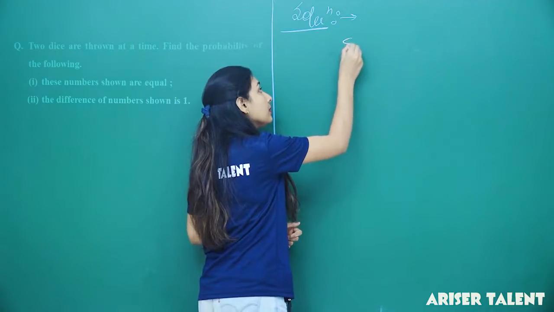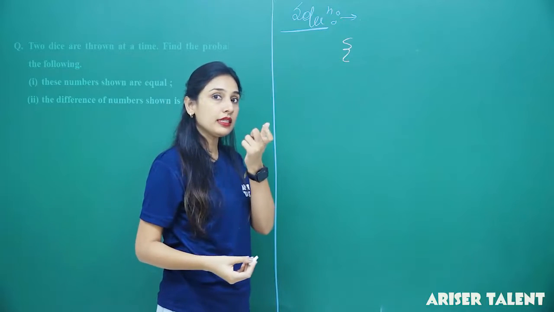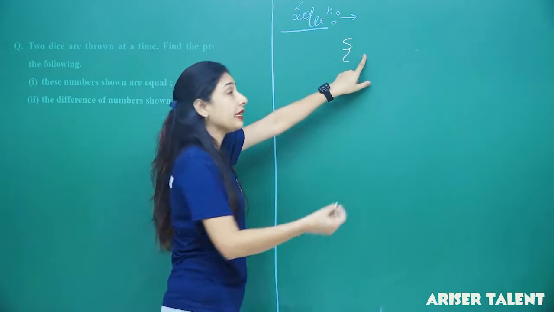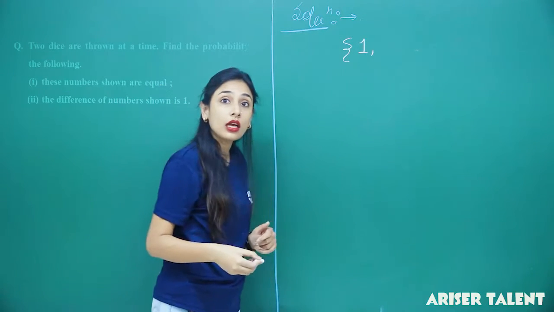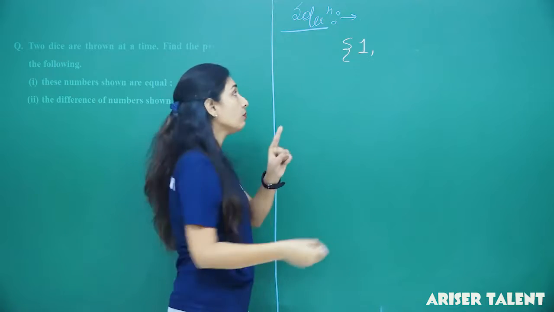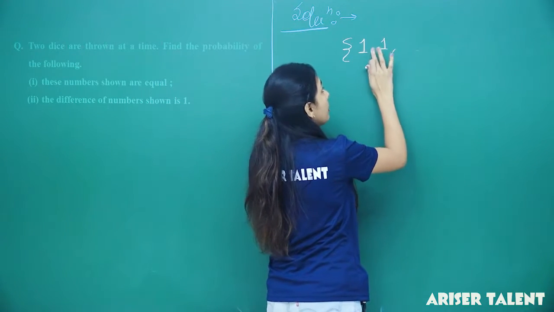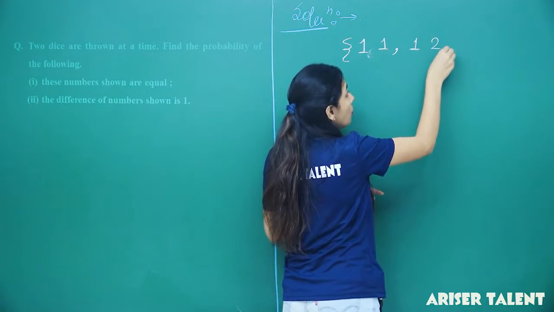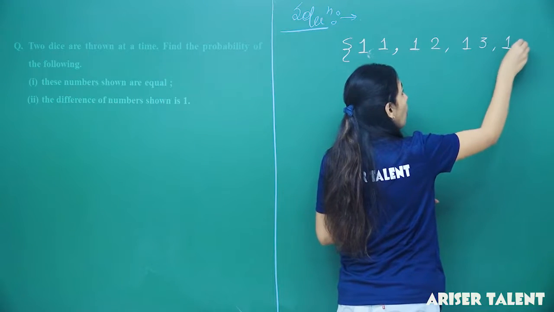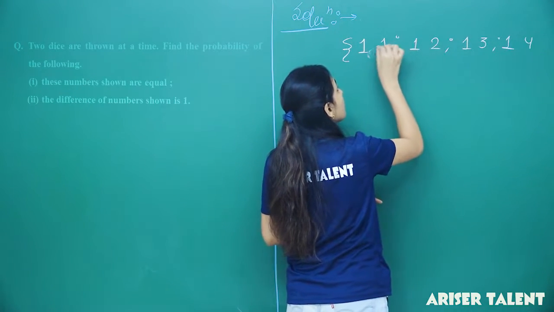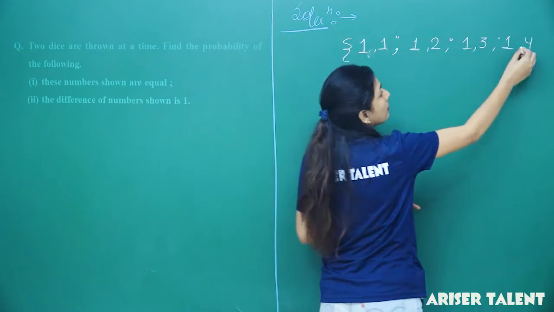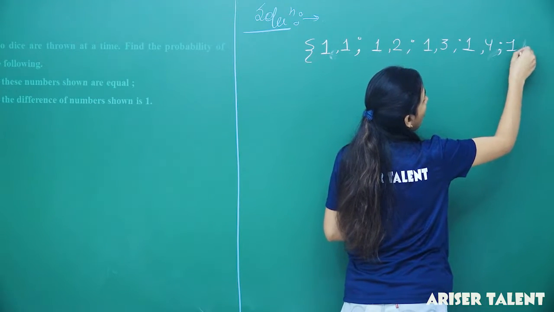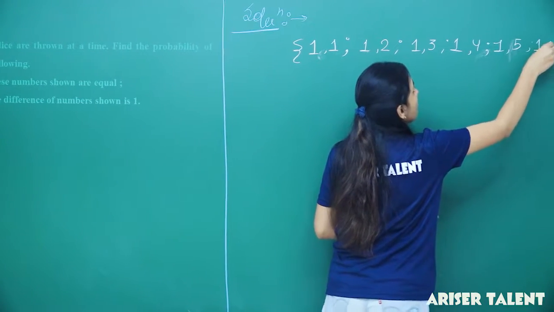In the first dice I can have 1. If I'm taking this 1 as a constant, in the second dice I can have 1, or 2 or 3 or 4 or 5 or 6.